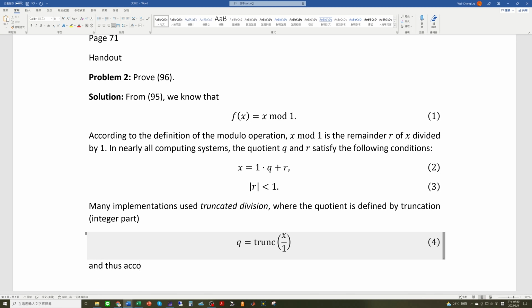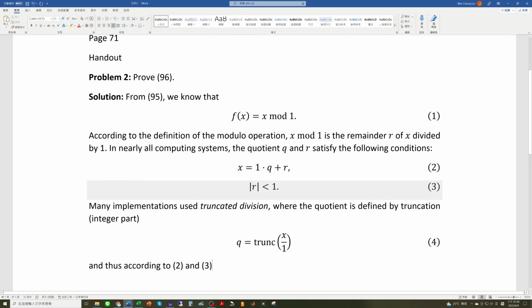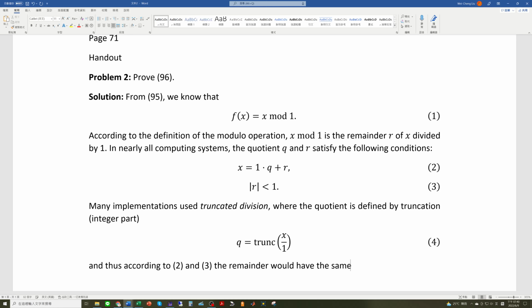Thus, according to equations 2 and 3, this equation and this equation, the remainder would have the same sign as the dividend x. So the same sign as the dividend.